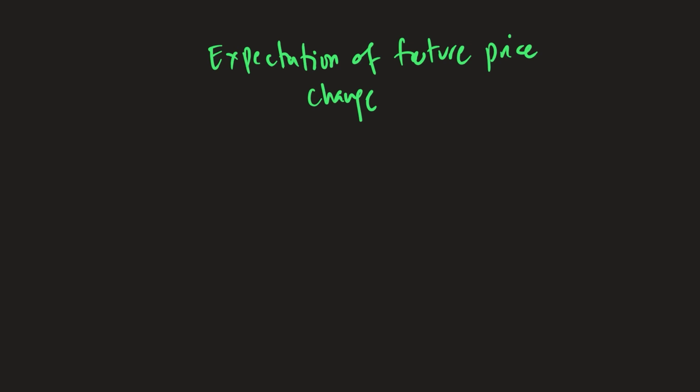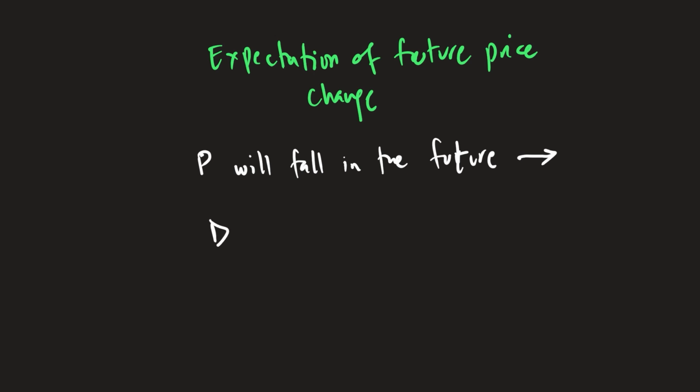Whenever new technology comes, it's more expensive initially, and only some people buy, and other people wait for the price to go down, and as soon as the price goes down, they buy that good. So the idea goes this: if we believe the price will fall in the future, then we can expect the demand to fall right now but rise later.